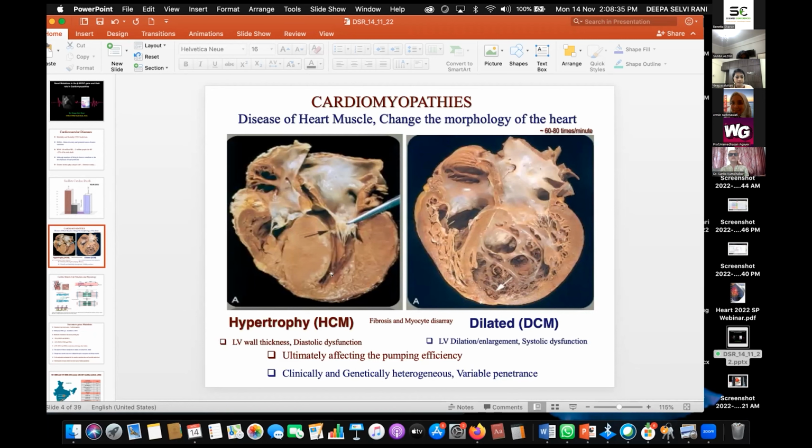In hypertrophy, because of the thickening, the filling efficiency of the left ventricle is affected. In dilation, because it fills more, the pumping efficiency is affected. So ultimately it affects the pumping efficiency. So it is clinically and genetically heterogeneous with variable penetrance.